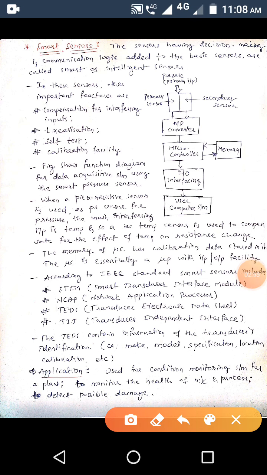Okay, using the intelligent or smart sensors implemented in the microcontroller, it is then going to connect with the memory, which is going to store the data, whatever output we are getting here. So in such sensors, what are the other features here? It has compensation for interfering inputs. It is going to decide input-output interference, then linearization, so that the output we are getting will be perfectly all right.